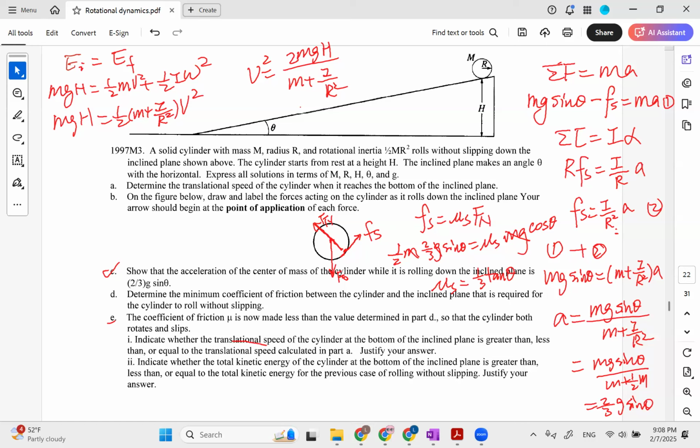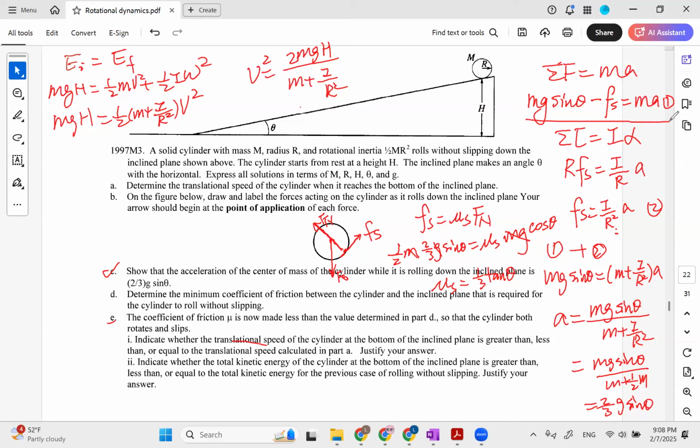Why? Because if it slips, then it's not rotating as much, and since the energy is 1/2 I omega squared, if it's not rotating as fast, there's more translational speed to compensate. Good. Or you can also use Newton's second law.